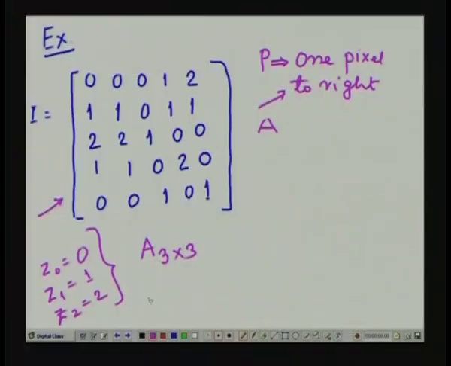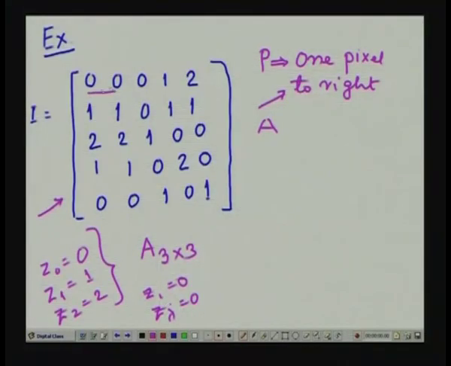So, firstly, let us assume that Z i is equal to 0 and Z j is also equal to 0. Since the position operator P is 1 pixel to the right, I come to a pixel Z i with value 0, and I have to go to the next pixel to the right, where the value will also be 0.